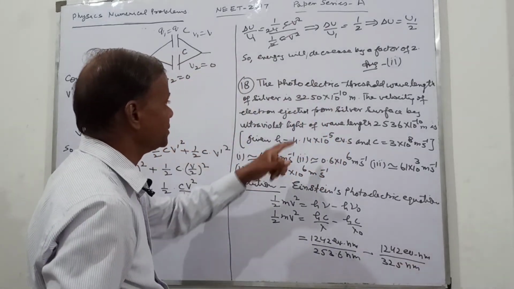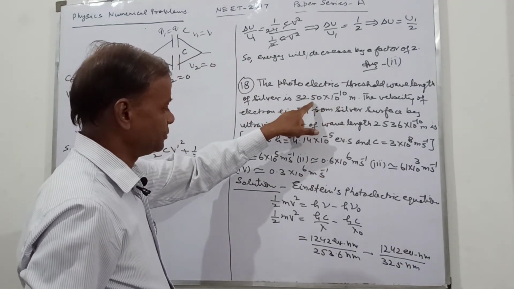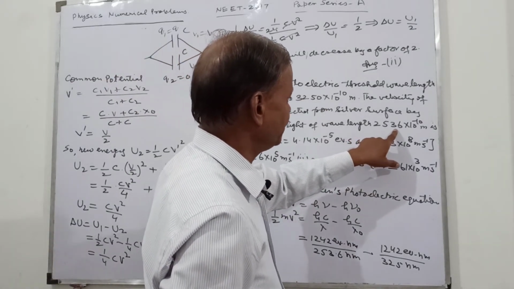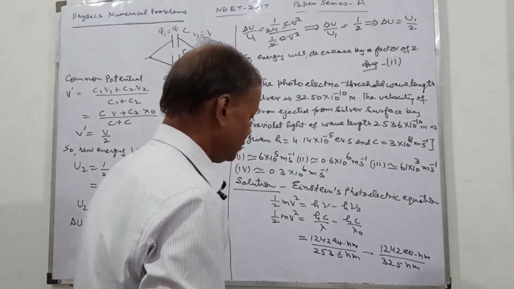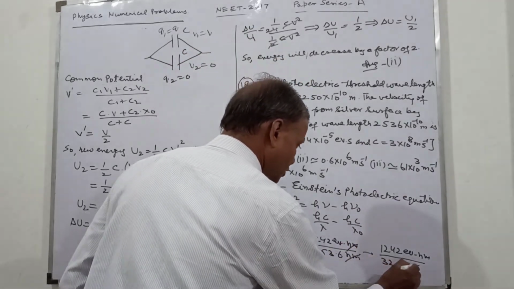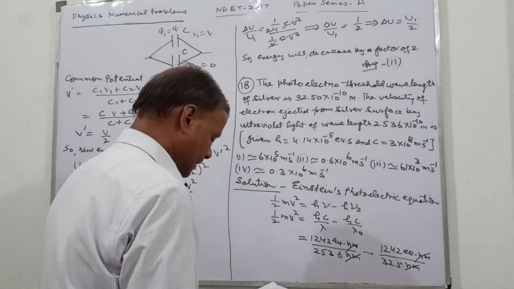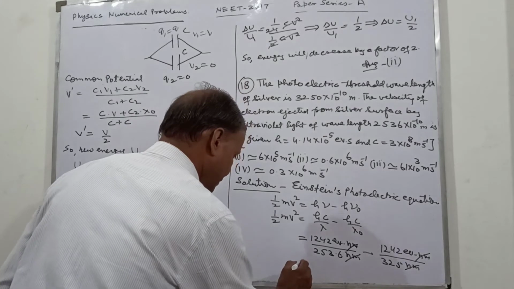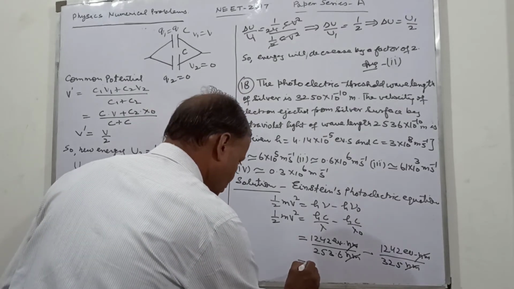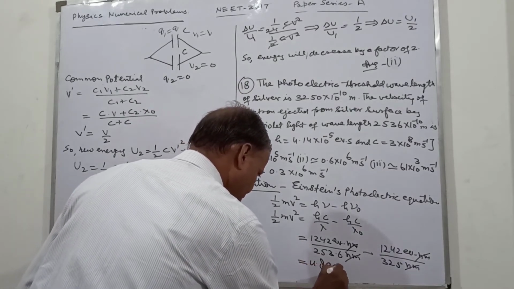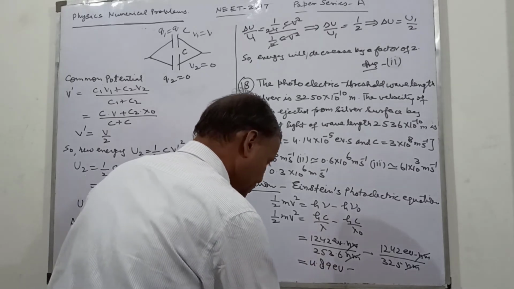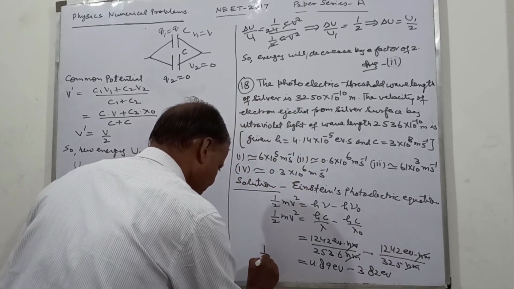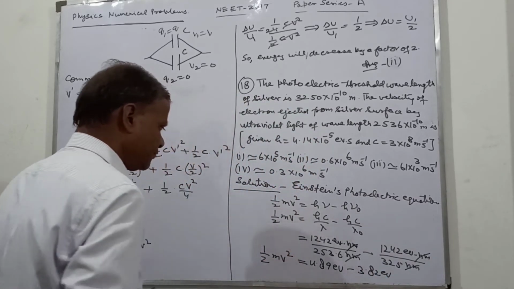We have converted this into nanometer, so the zero will cancel. Now the nanometer cancels and we will get this in electron volt. So this will be equal to 4.89 electron volt minus 3.82 electron volt. This is equal to half mV square.